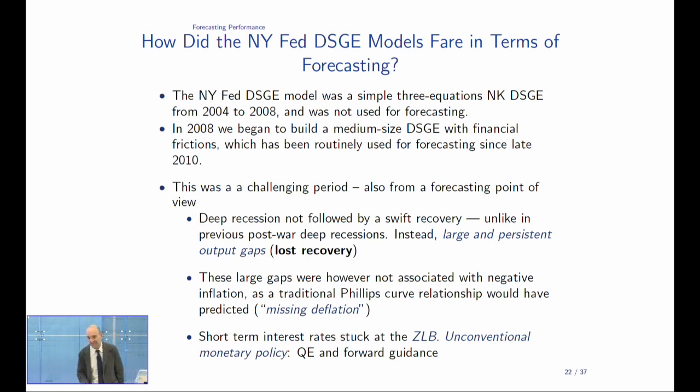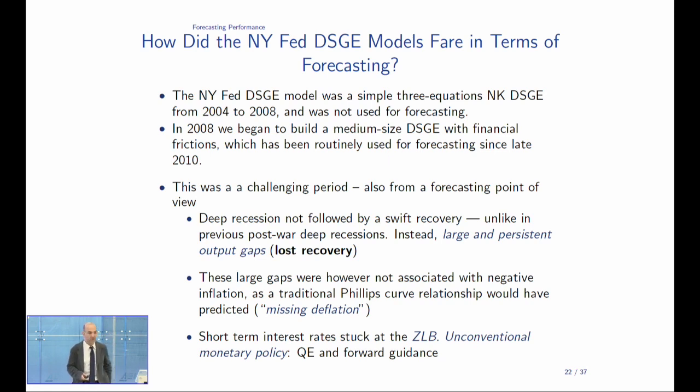Now, the 2010 period was a pretty challenging one, obviously challenging for US households and families, but also difficult for us forecasters. It was very unusual in many, many dimensions. We had a deep recession, as you all know, not unlike previous deep recessions, followed by a swift recovery. That's what we call in that paper the loss recovery.